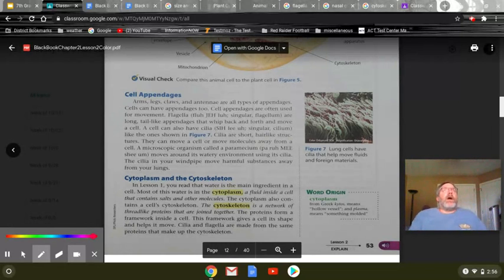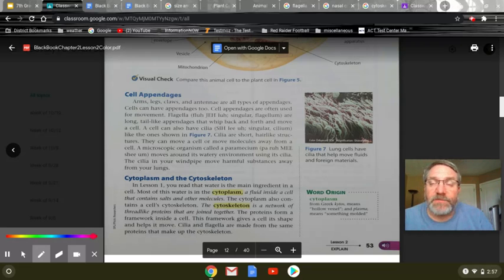Fish have appendages. They have fins. Birds have appendages. They are wings. So an appendage is something that comes out of the main part of the body of an organism.